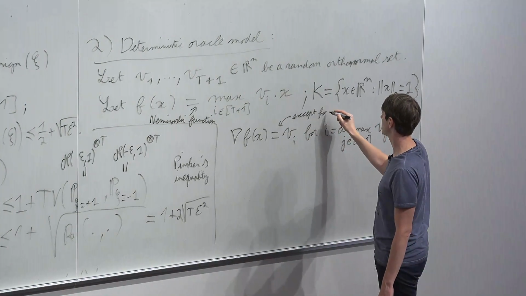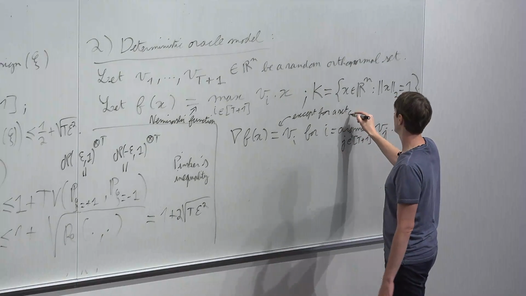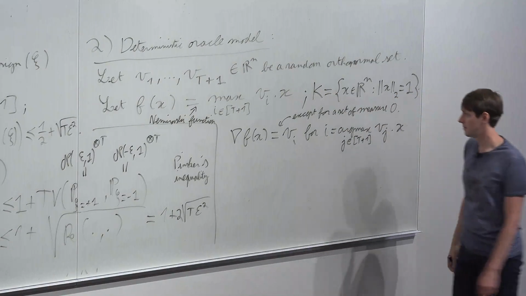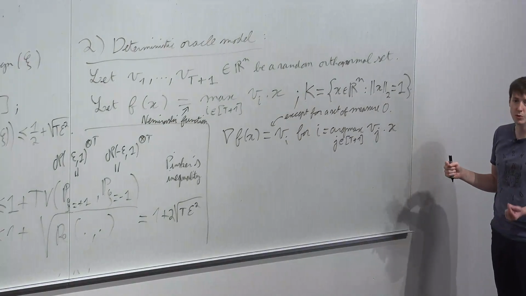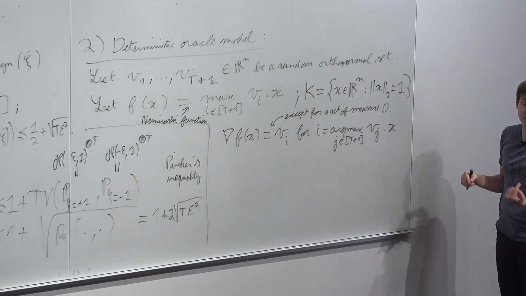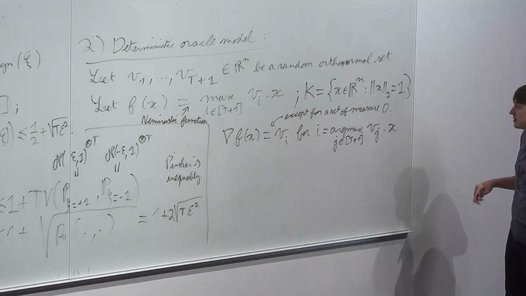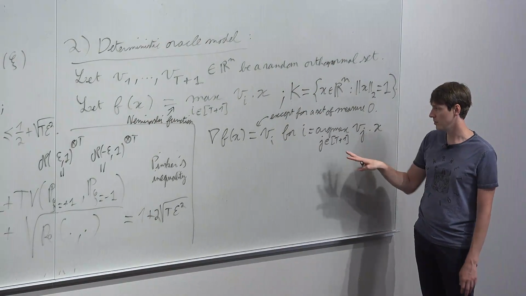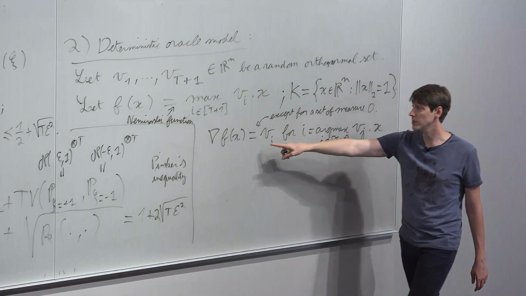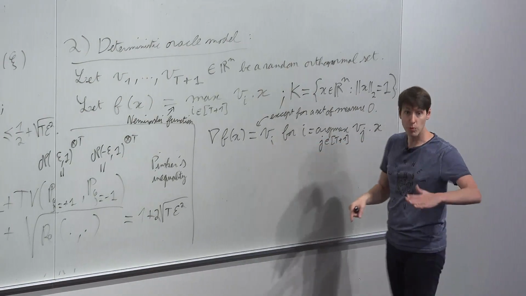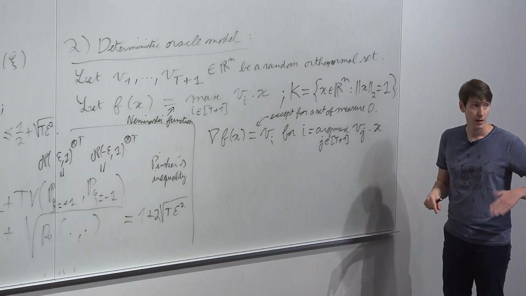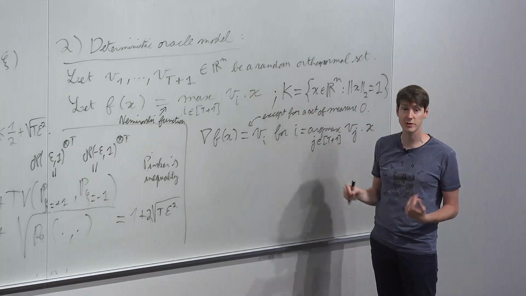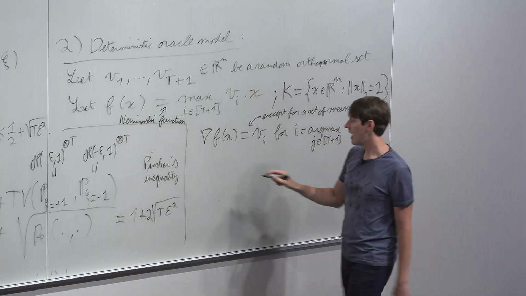Of course, this set of measure 0 includes the point 0, so you can actually hit it, but it doesn't matter. You can talk about subgradients in general, but I don't want to get into this. So when you query the gradient, you get one of these linear functions. After t queries, there is still one of those linear functions that you don't know.